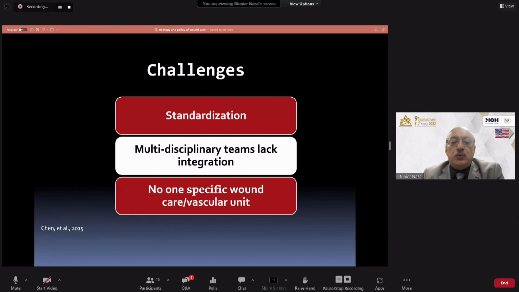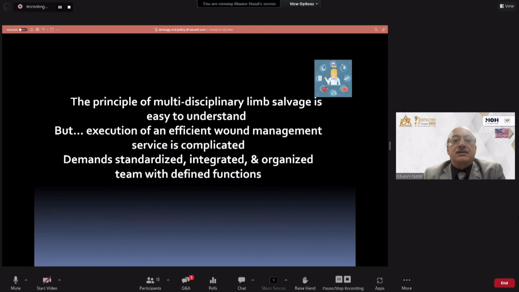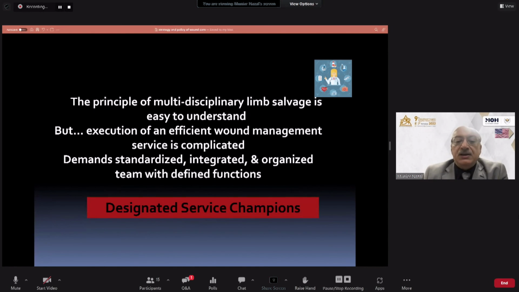No one specific wound care and vascular unit can treat those patients alone. You need to work with others. The principle of multi-specialty or multidisciplinary limb salvage is easy to understand, but you need different specialists to do that. The vascular surgeon is very important, plastic surgeon sometimes, podiatrist, orthopedic surgeon, and nursing care.